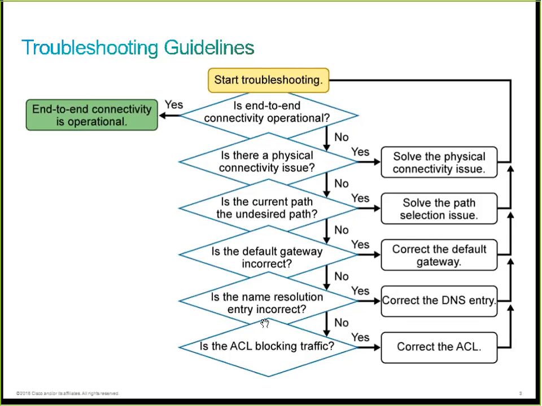The more you have exposure to the network, the more understanding you have about the network, the steps would vary. But these are typically the things that you'll look out for when it comes to troubleshooting IPv4 connectivity. So first step is you'll look out for end-to-end connectivity. If that is okay, you'll go in for physical connectivity. If that is okay, you'll go in for checking if the current path is the correct path.